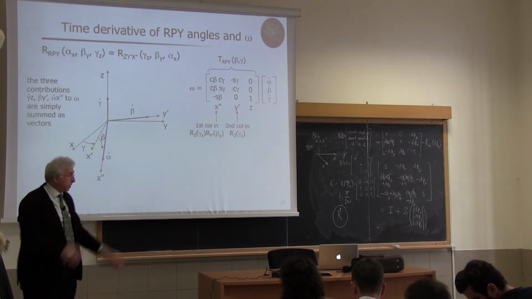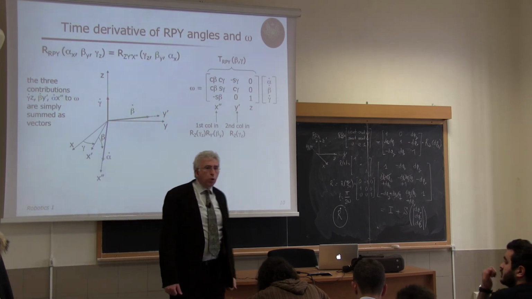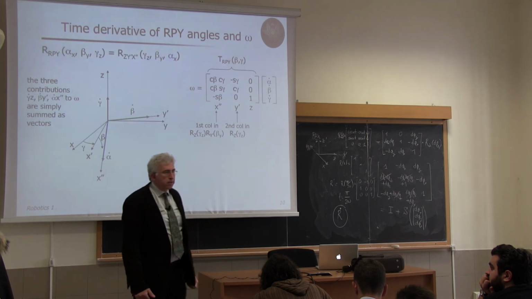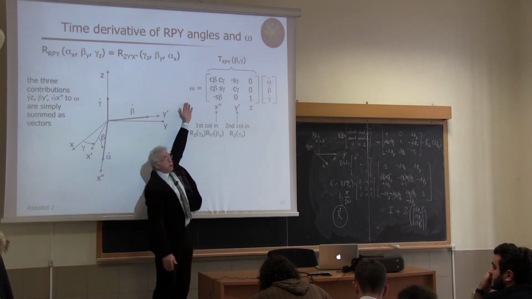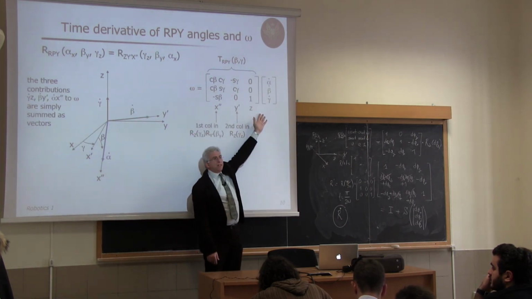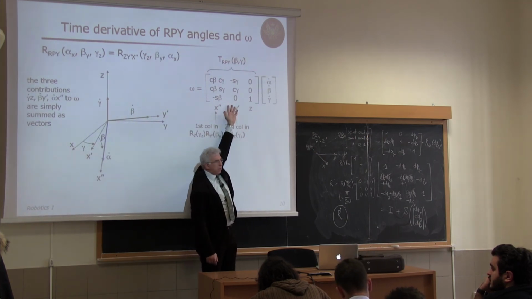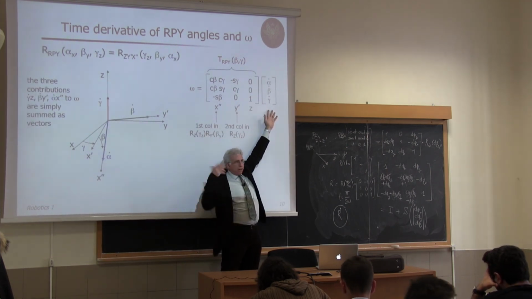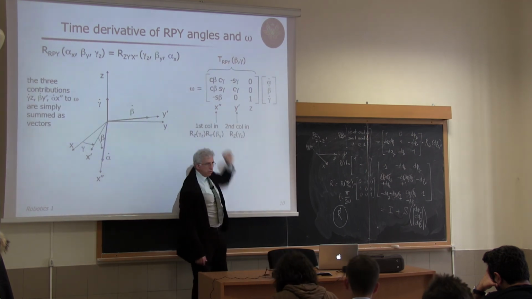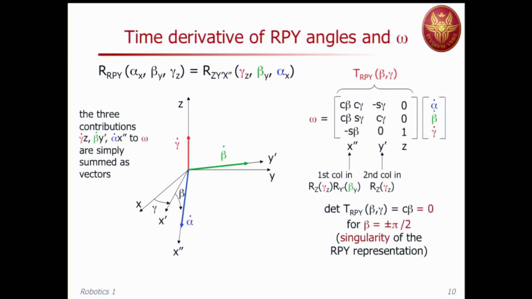Okay? Now, is this matrix singular or always non-singular? Why do I ask? Because if it's non-singular, then give me an omega, and I will give you the alpha dot, beta dot, gamma dot of your representation by inverting this matrix. And vice versa, give me alpha dot, beta dot, gamma dot and the associated T, and I will compute omega. Now, if we compute the determinant of this matrix, it will not be always non-singular.